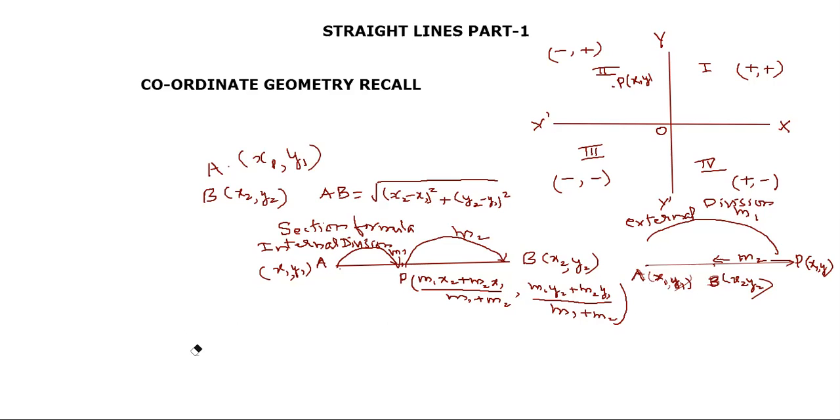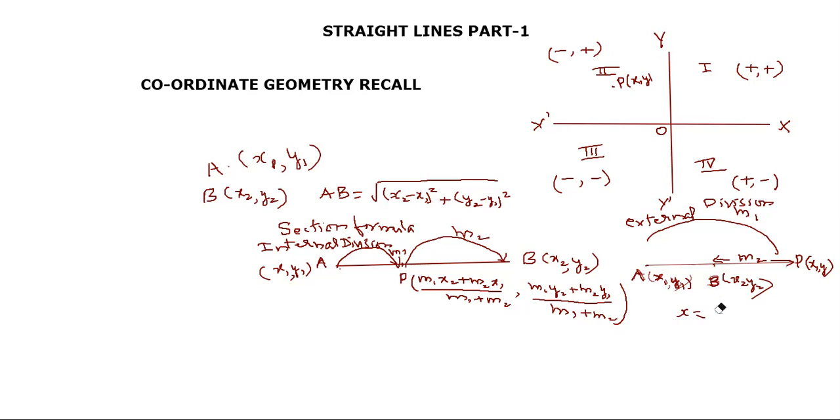Here we can say that x is equal to, we are taking x, y, and then put x is equal to m1 x2 plus m2 x1. So same thing. Here the question is in this formula, m1 x2 minus m2 x1, this is minus.